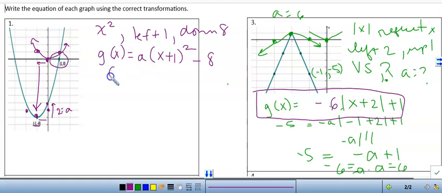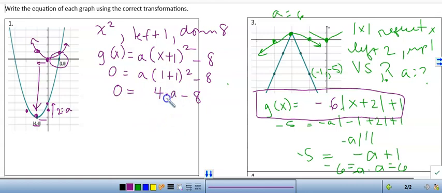I'm going to replace g of x with 0. I'm going to replace x with 1, and then I'm going to use PEMDAS to continue. PEMDAS says to do 1 plus 1 first, that's 2, squared is 4. So now I'm going to have 4 times A minus 8, and I'm going to set that equal to 0.